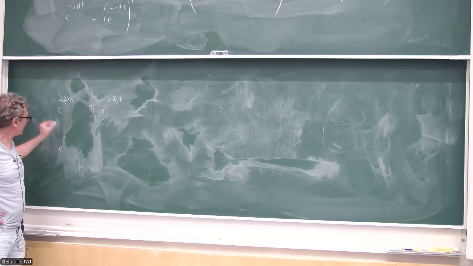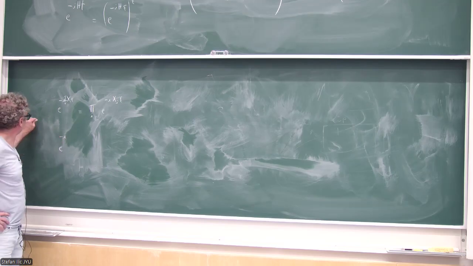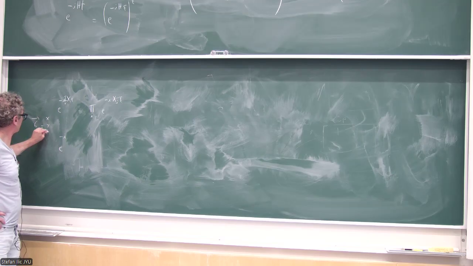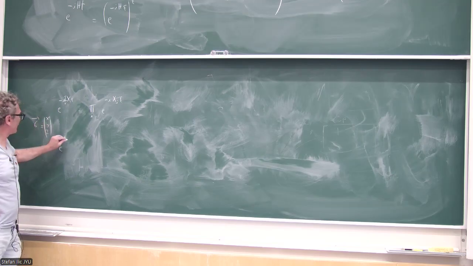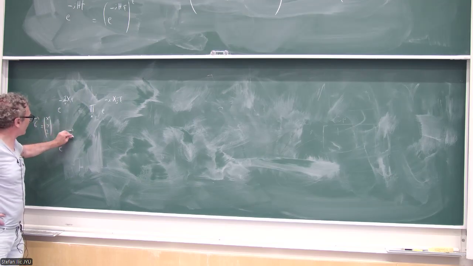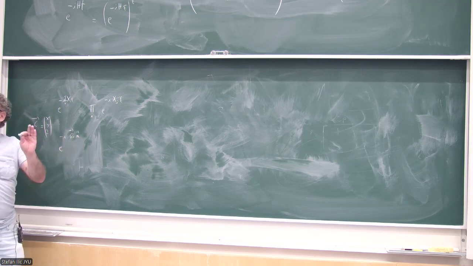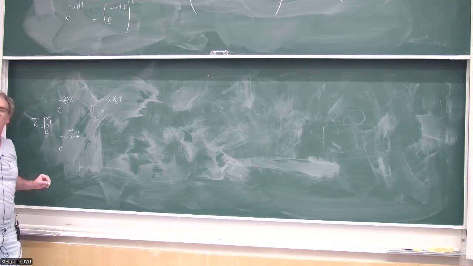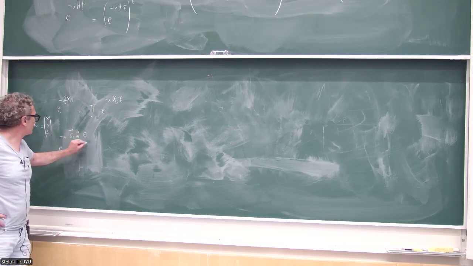So let me just give you a formula. If you have the vector of Pauli matrices x, y, z, I want to compute the exponential of this times any vector n times an angle theta over 2.